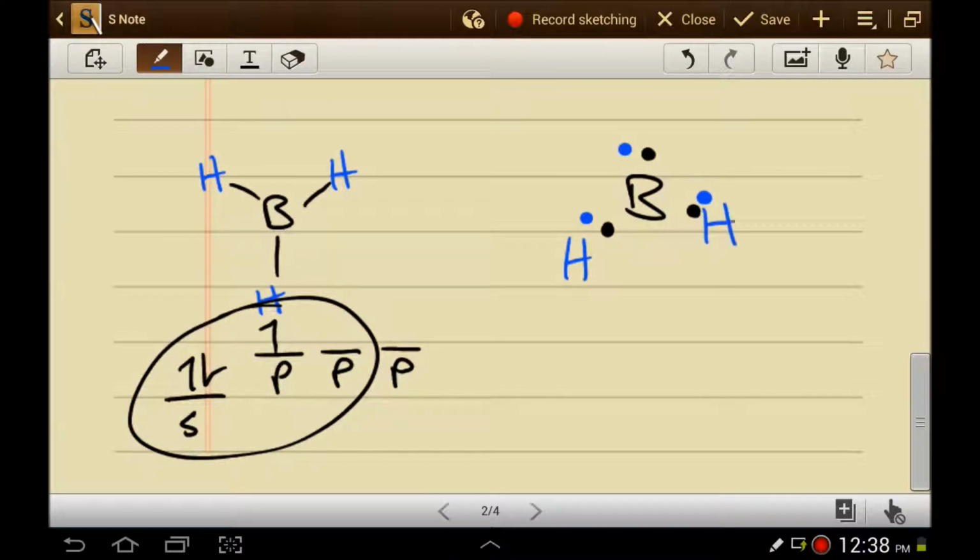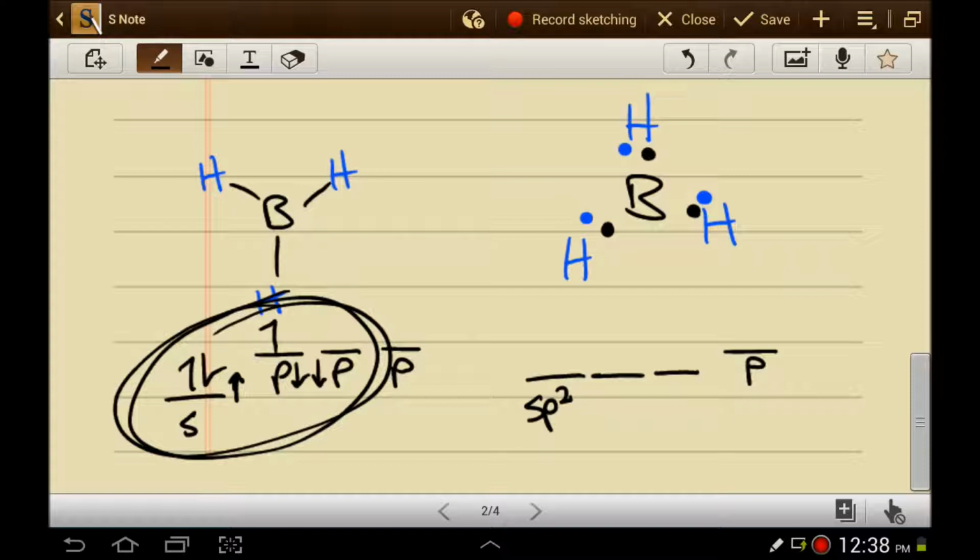So to hybridize these orbitals, the s is going to come up quite a bit and the 2 p's are going to come down a little bit in terms of energy. That's going to make 3 equal energy hybrid orbitals and 1 p orbital that was never touched. So we're going to hybridize the first 3 orbitals. That's going to make an sp2 hybrid orbital, an orbital that's an average of 1s and 2p's.